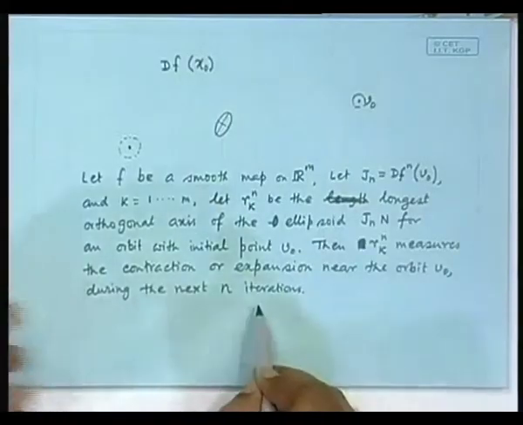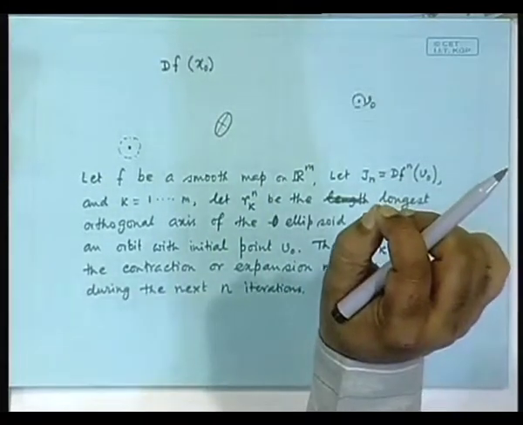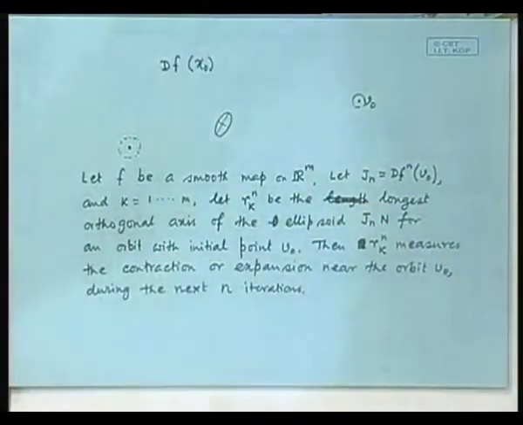Clear? So, we are essentially at this stage avoiding the question of changing of the dimension, because we have already taken the nth iterate. So, that contains within it all the changes. That will measure the contraction or expansion near that orbit starting from V0 in the next n iterations.